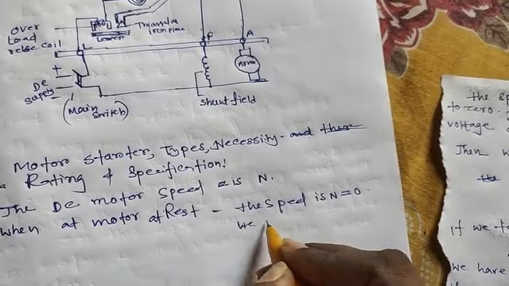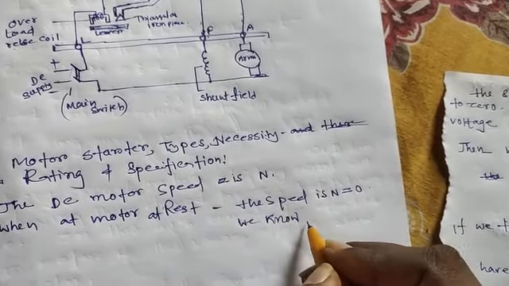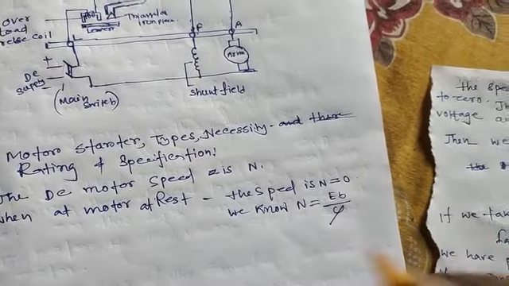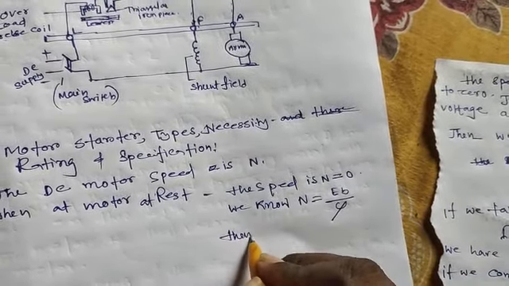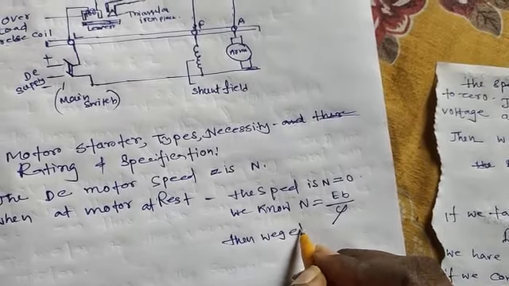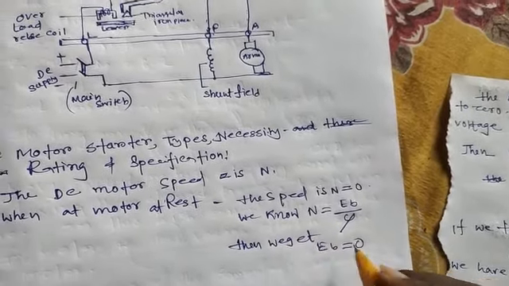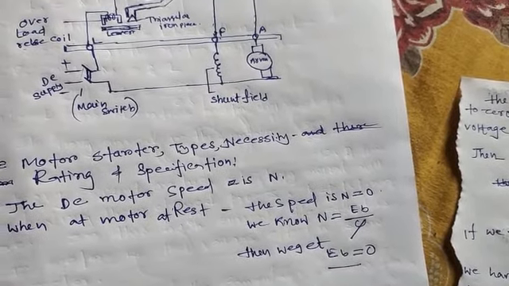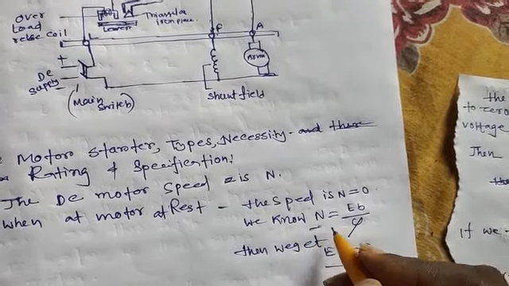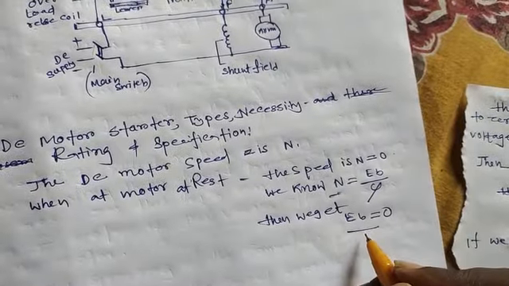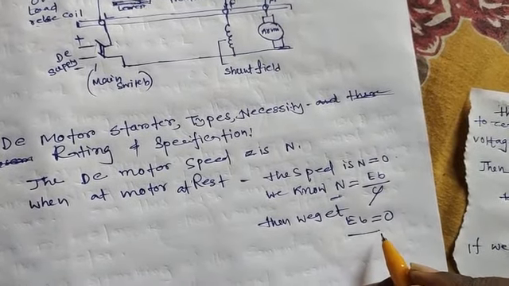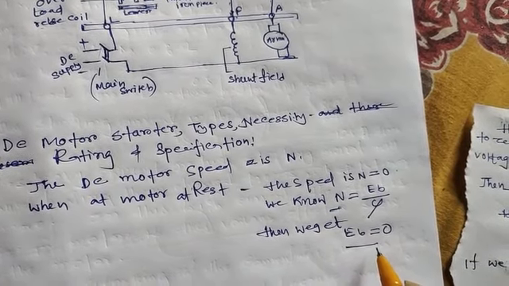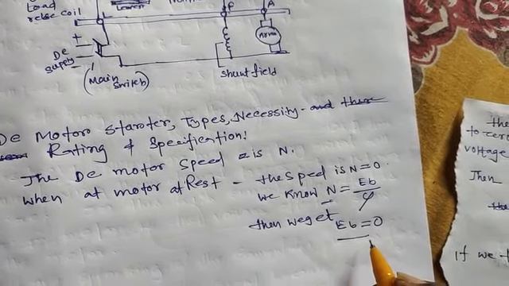We know N is equal to EB by phi. Then we get EB is equal to 0. The speed is 0, so the back EMF EB will be 0. The back EMF helps to reduce the applied voltage, and thereby keeps the current normal initially.